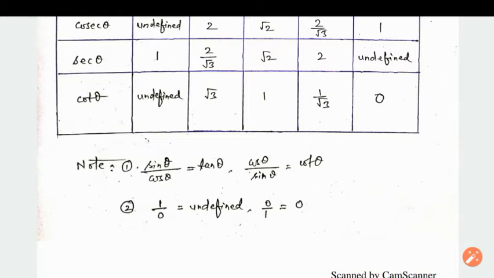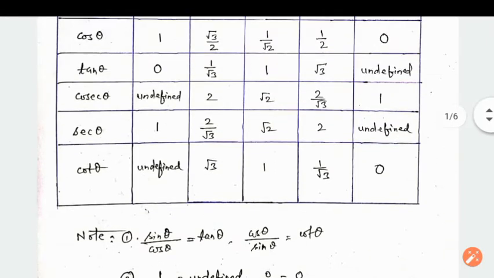So when you divide perpendicular by hypotenuse with base by hypotenuse, hypotenuse will cancel out. You will get P by B, perpendicular by base, and perpendicular by base is actually tan theta. And the reciprocal of this, cos theta by sine theta, gives you cot theta, because the reciprocal of tan theta is cot theta.